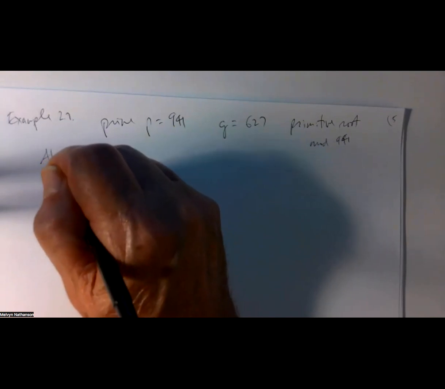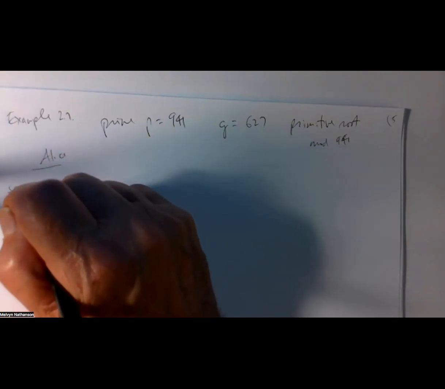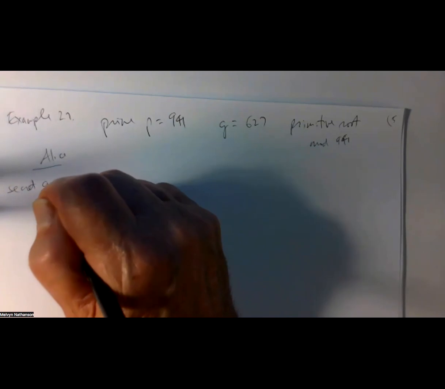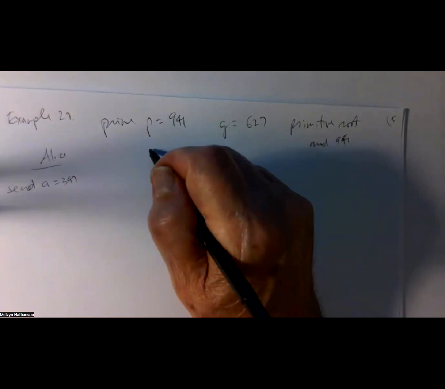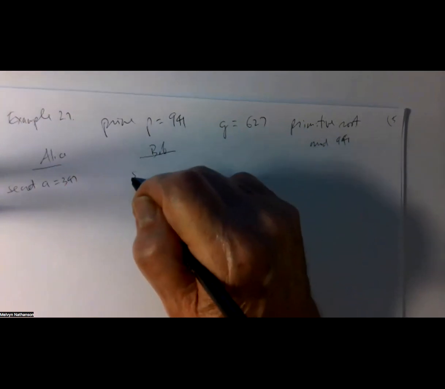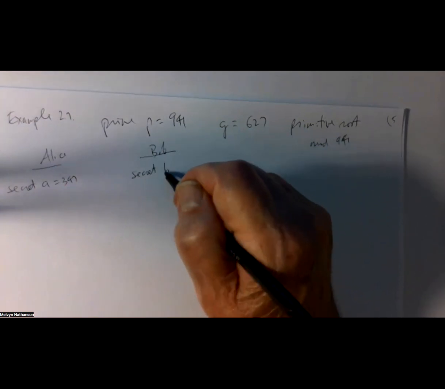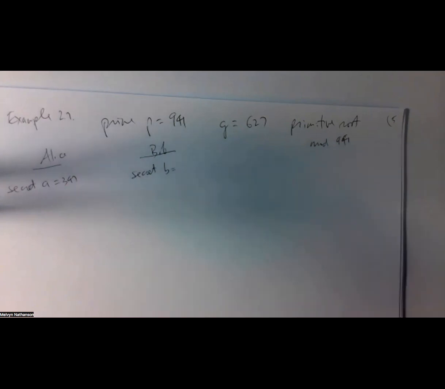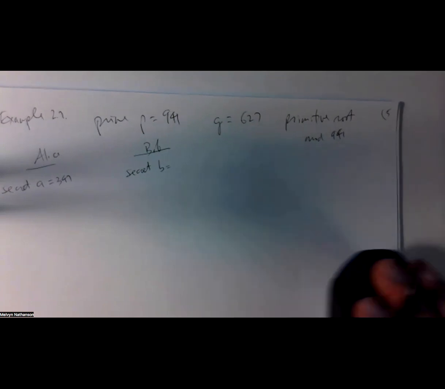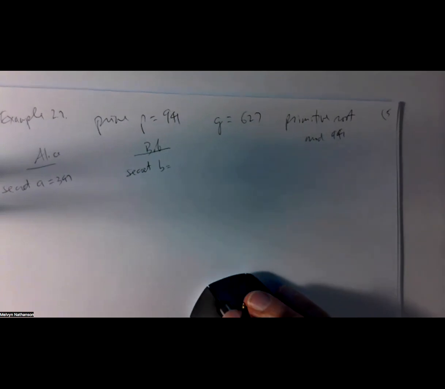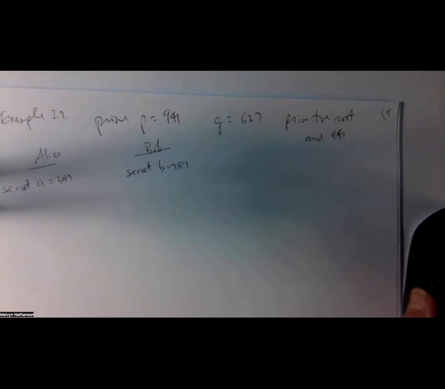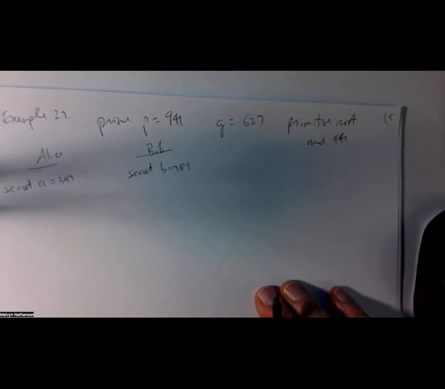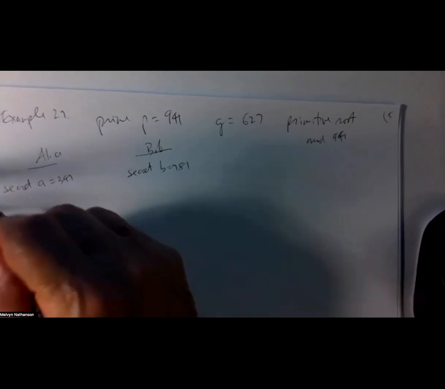Okay. So Alice, her secret number that she doesn't tell anyone else is going to be 347. And Bob's secret number, which he doesn't tell anyone else, he certainly doesn't tell Alice, is going to be 781. So what is the number capital A that Alice computes?